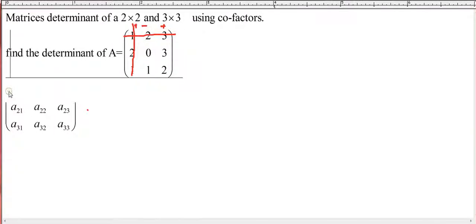Okay, so let's expand right away using the entries that we are expanding with, or just multiplying out already.